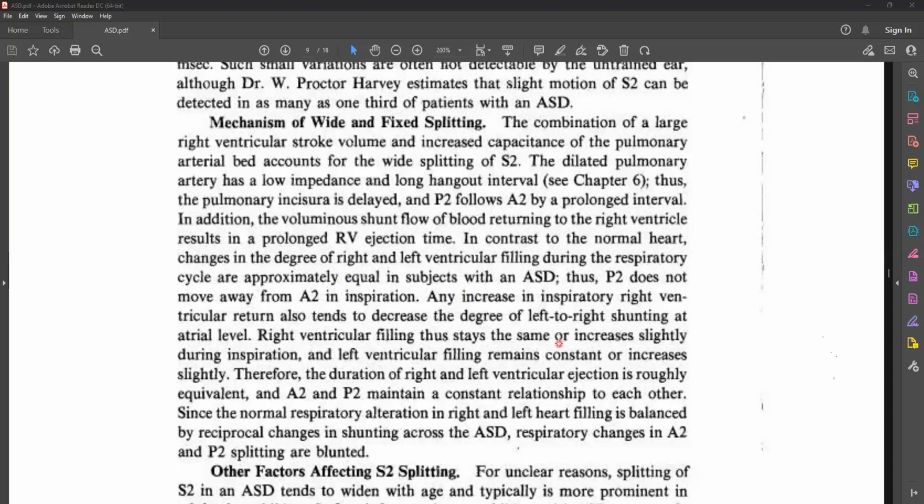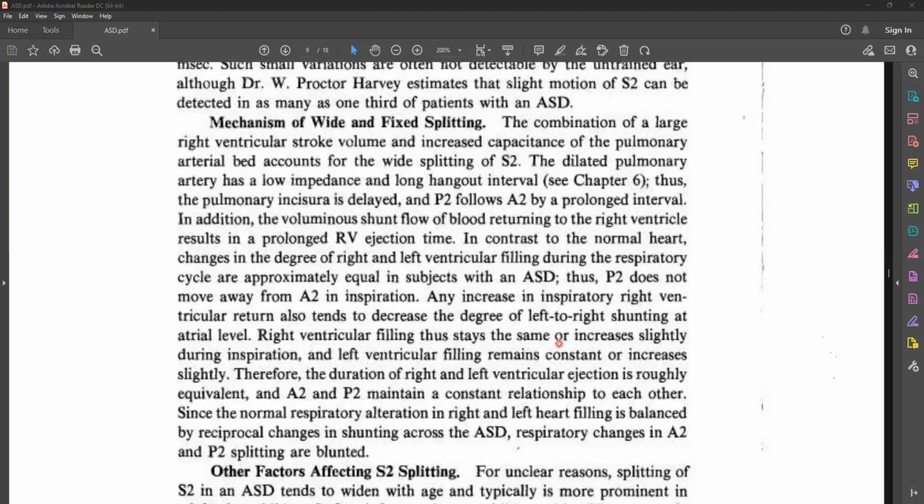So when you are asked about the mechanism of wide splitting, two things you should tell. In atrial septal defect, there is a progressive, chronic increase in the right ventricular stroke volume. This leads to a decrease in the impedance of the proximal pulmonary vascular bed.